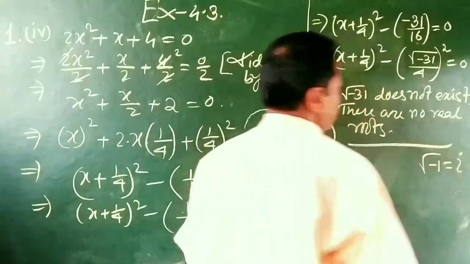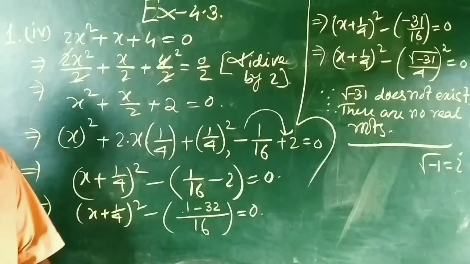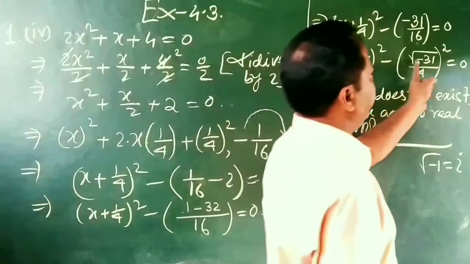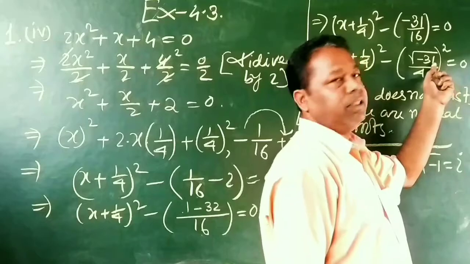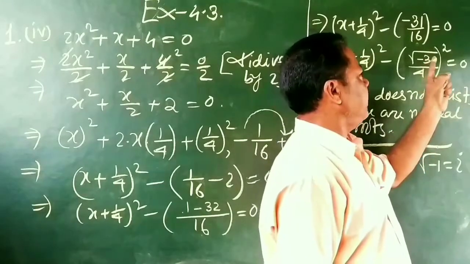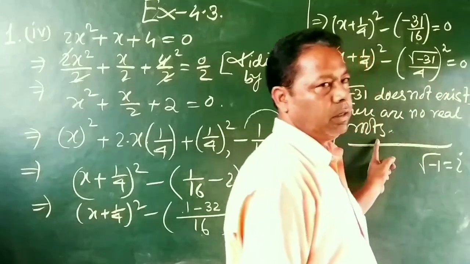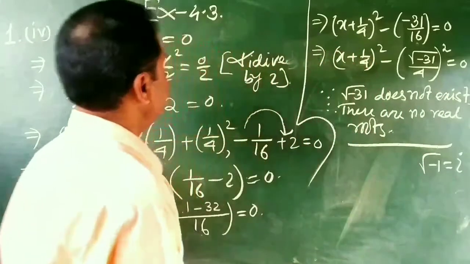So we cannot find them, and it is completed here. Because the square root of minus 31 is an imaginary number, not a real number. If any number is imaginary, then roots will not be there. Okay, it is completed here.